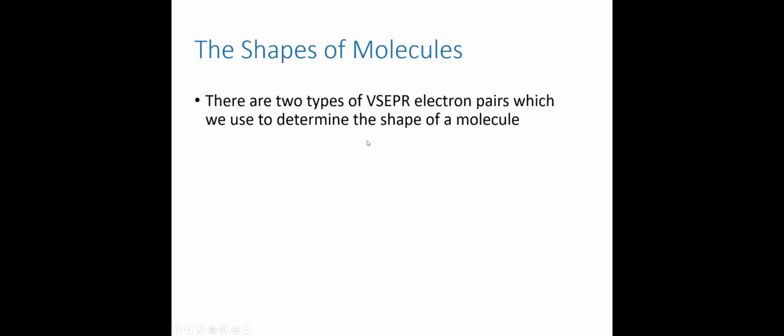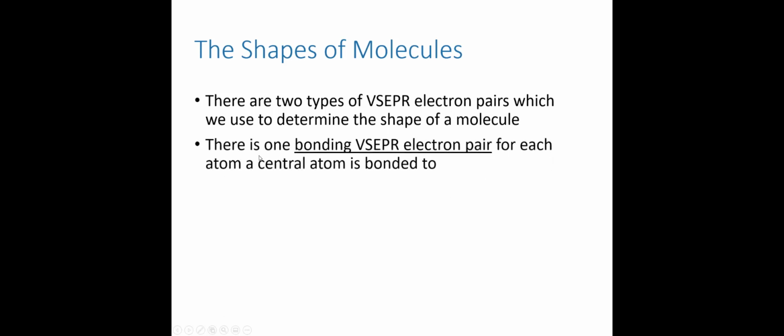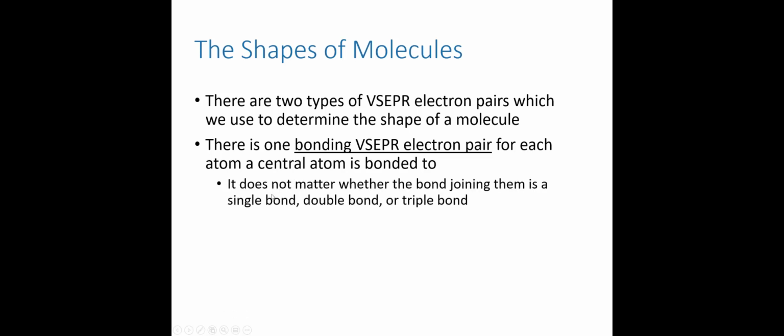So we have 2 distinct types of what we will call electron pairs or electron pair groups. The first is what we'll call a bonding electron pair or bonding electron pair group. And we get one of those for every atom a central atom is bonded to. And it doesn't matter whether it's a single, a triple, or a double bond.